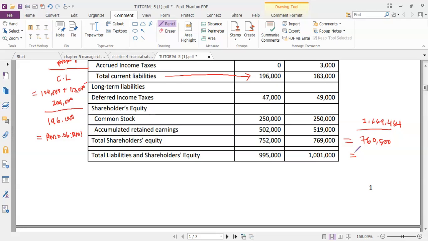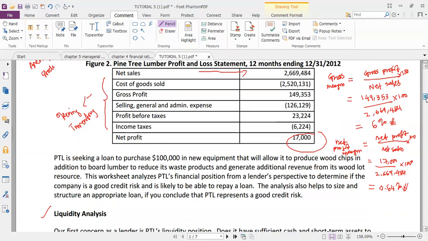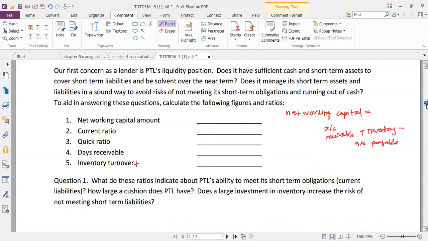Okay, how much is your answer? 3.51. Very good. 3.5. The return on equity is this. So that's all for the calculation.